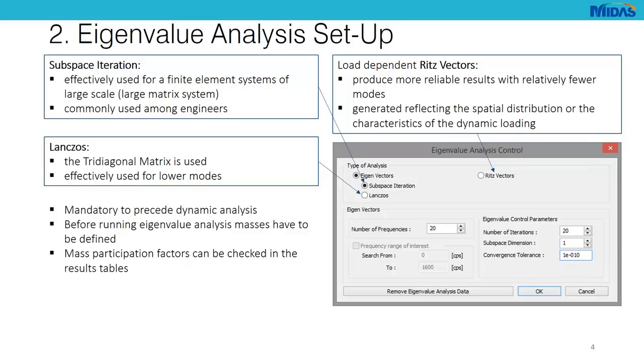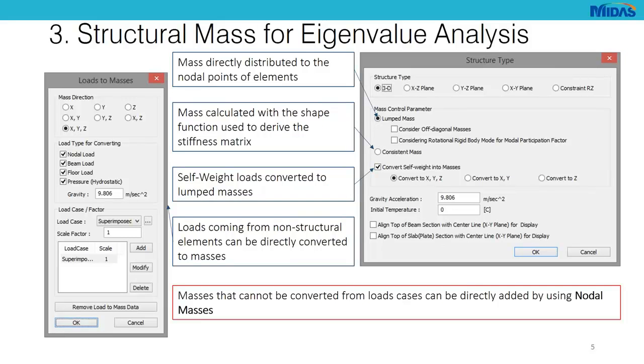And in order to run an eigenvalue analysis, we always need masses. In MIDAS Civil, we can consider masses in the structure in two ways, either by using lumped masses or consistent masses. Lumped mass basically considers that the distribution of the masses is only concentrated at the nodes.